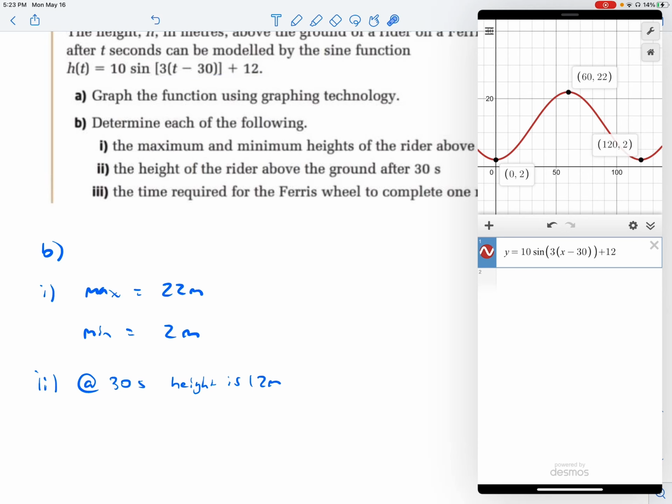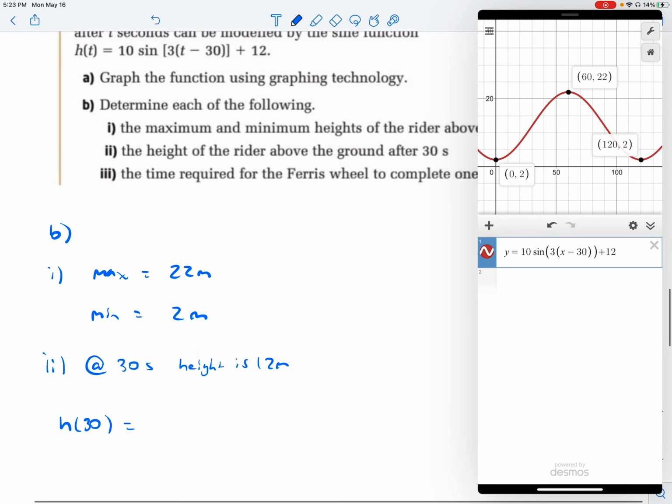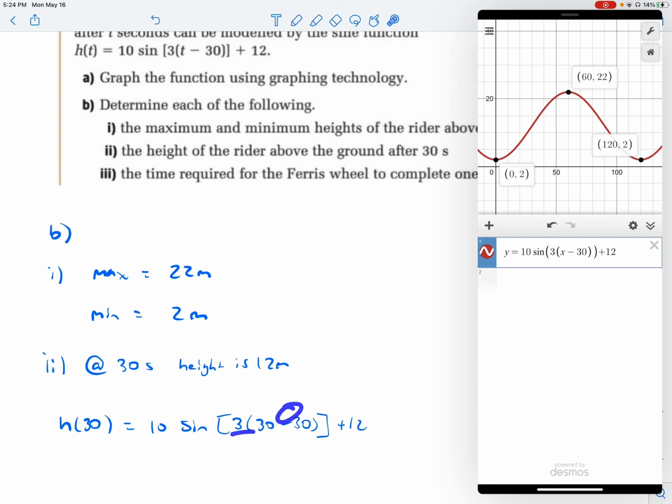I'm going to show you how you could calculate that using the equation. We just used the graph, but we could also do this algebraically. Plug in 30 for time into the function. So put 30 for t. Those are going to cancel out to give 0. Because 30 minus 30 is 0, we have 3 times 0.